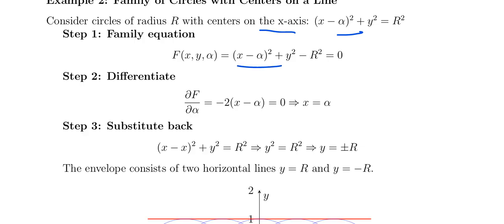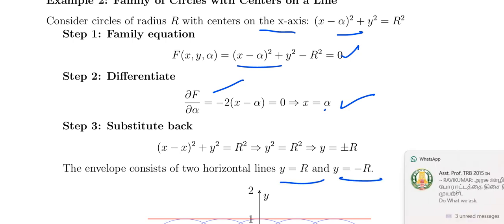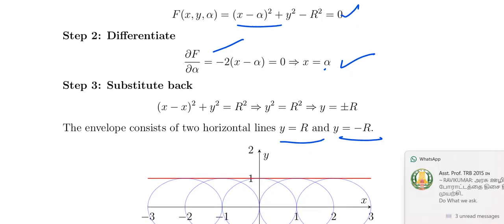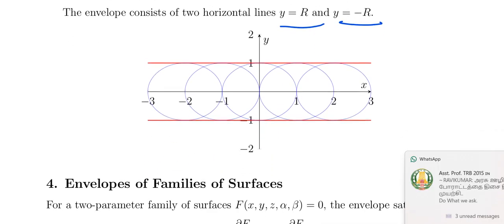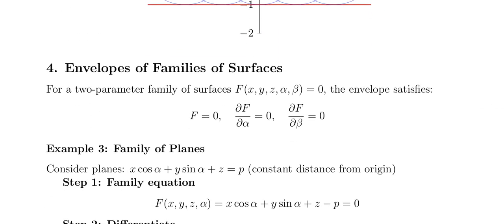For this f of x, alpha, we equate dou f by dou alpha to 0, which gives x equal to alpha. Back substituting in f of x, y, alpha, y equal to plus or minus r. So the envelope consists of the two horizontal lines y equal to r and y equal to minus r. A very simple example.